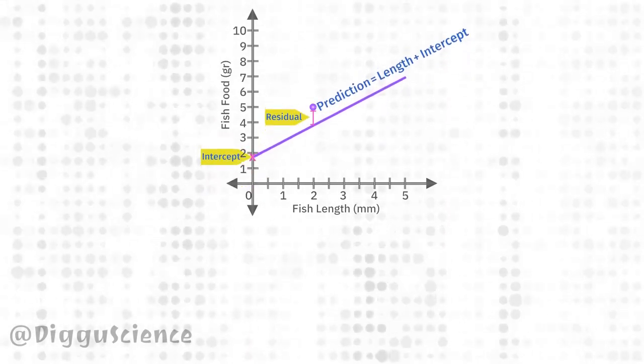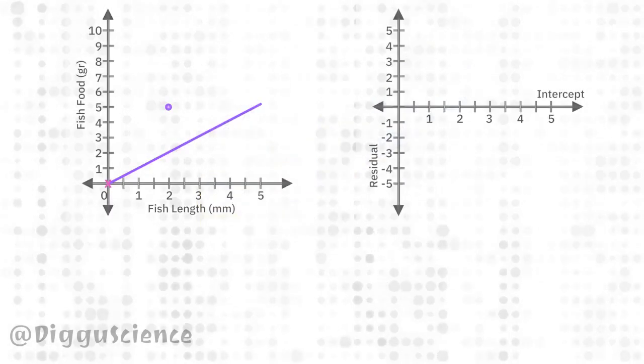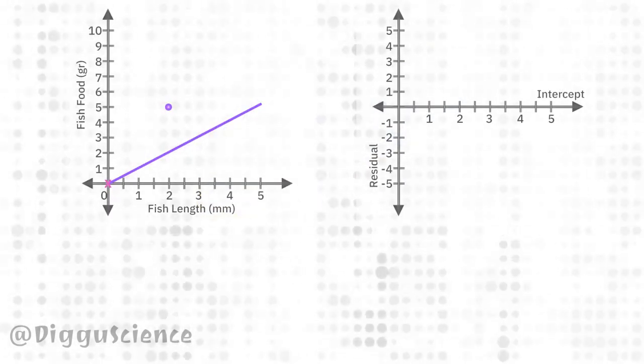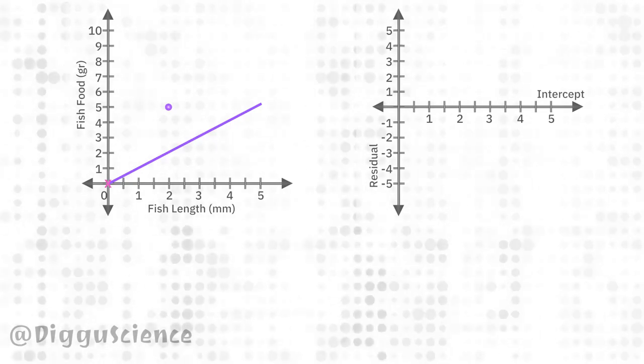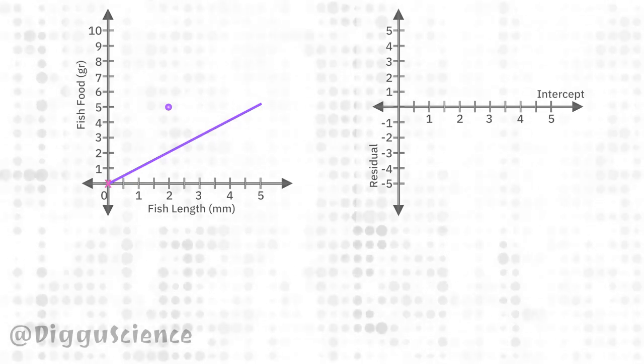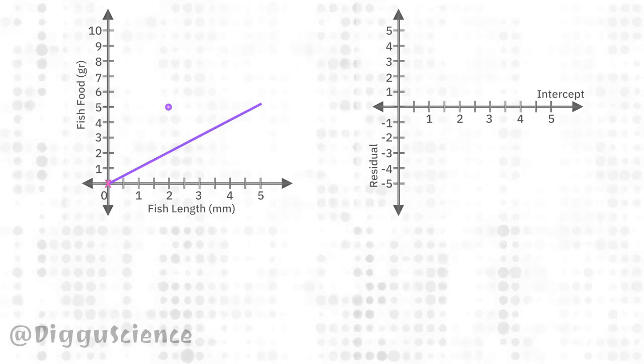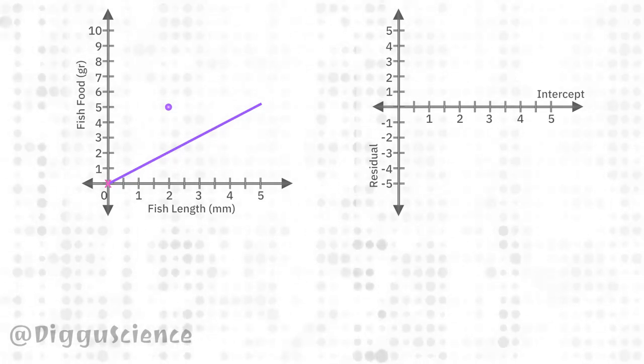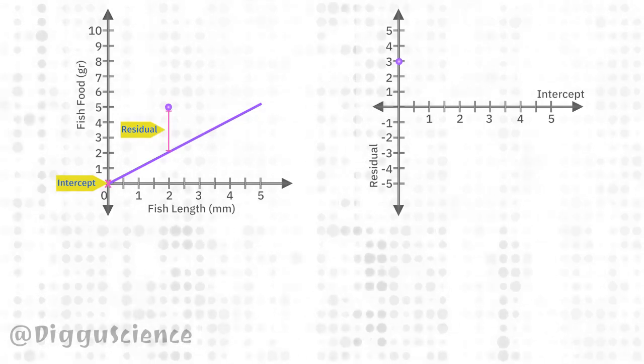What does it mean? That is, we can graph the intercept against the residual. Of course, the horizontal axis is the intercept value, and the vertical axis is the residual value. When the intercept value is 0, the residual value is 3.